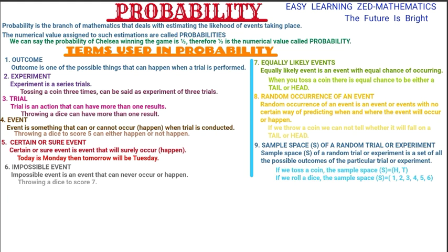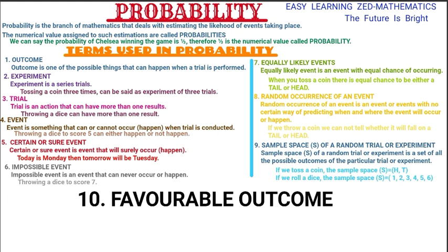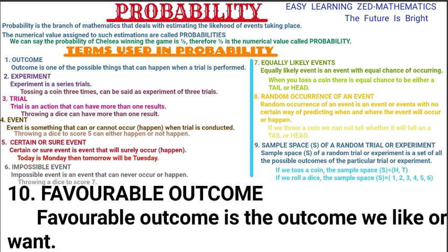Okay, let's go to number 10, which is favorable outcome. Favorable outcome is easier. What is favorable? Something you like. So a favorable outcome is the outcome we like or want. It is the result you want. For instance, if I toss a coin and I want the coat of arms to be on top, then my favorable outcome is the coat of arms.